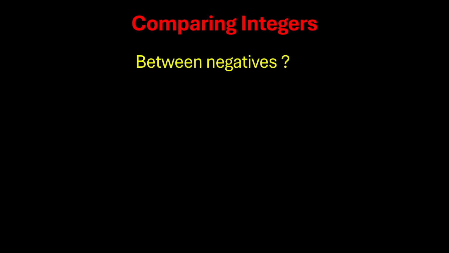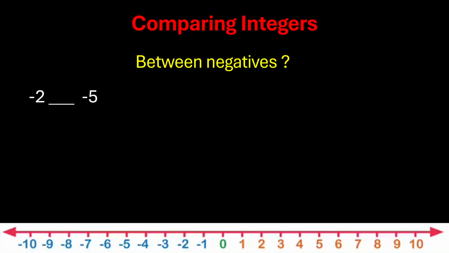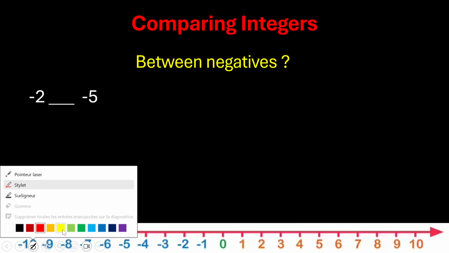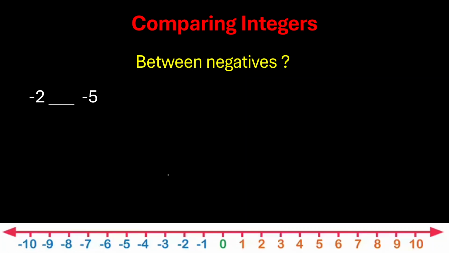But how about between negatives, if I want to compare two negative numbers? For example, minus 2 and minus 5. In this case, let's use the number line. So in the number line, here we have the number 2, and we have here the number 5.